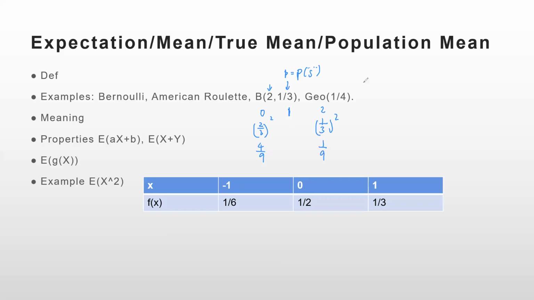And one success, you have success-failure and failure-success. Success-failure has probability 1/3 times 2/3, and failure-success 2/3 times 1/3. So it's 2/9 times 2, that's 4/9. So this is the distribution. B actually is a distribution, so it's a table of this distribution.